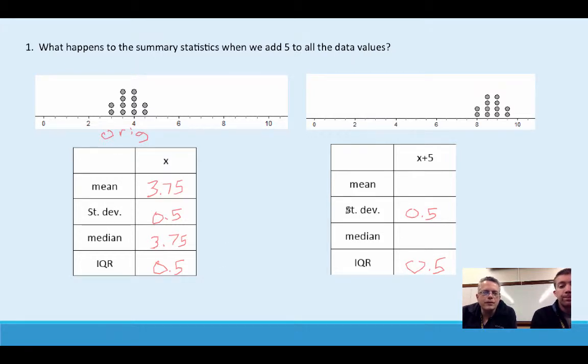So the new average should be 8.75, and the new median would be 8.75. This is a rule we have to remember: when we add just a number, spread stays the same, but measures of position change.